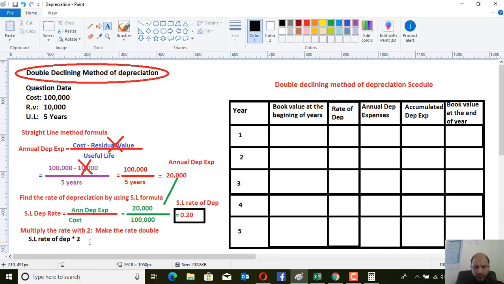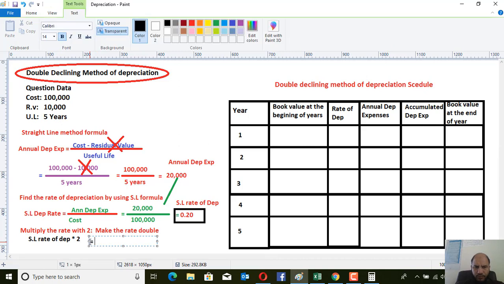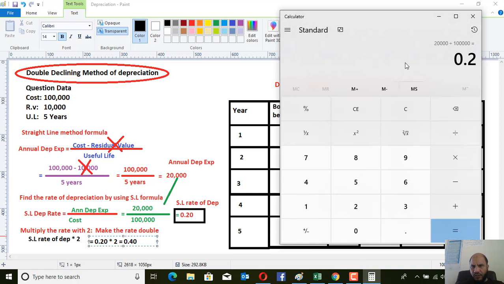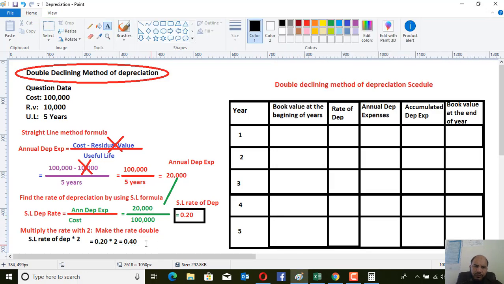So the straight line rate is 0.20 times 2, which is 0.40, or 40%. This is the rate of double declining. Now we have found the double declining rate.